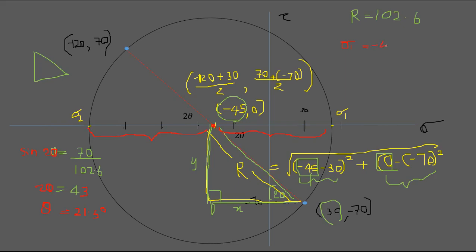So minus 45 plus 102.6. This will give you something around 57.6. 57.6, and sigma 2 will be minus 45 minus 102.6.